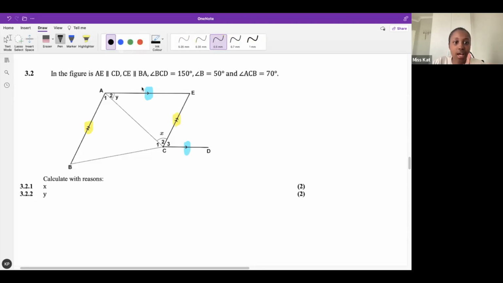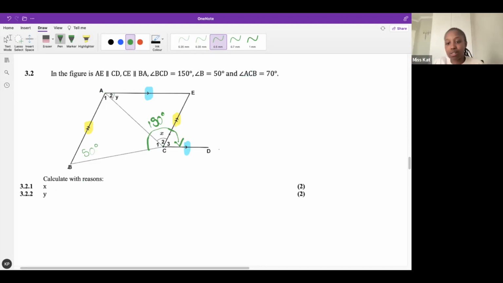But look here, guys. Triangle BCD. So this whole big angle from there to there is 150 degrees. And then it says angle B is 50 degrees. Angle B is all the way here, 50 degrees. And angle ACB, so start here, ACB, so just C1 is 70.